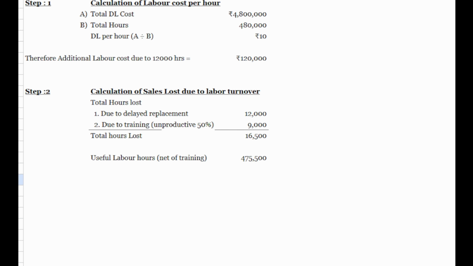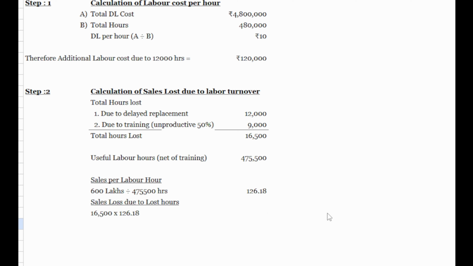Next, we will calculate sales per labor hour. How to calculate this? Simple, you take actual sales and divide it by actual useful hours. The value we will get is 126 rupees. So we make sales of 126 per labor hour. Now we have total hours lost, which is 16,500. Hence sales lost due to lost hours is 16,500 into 126.